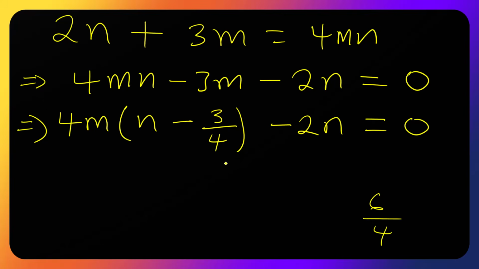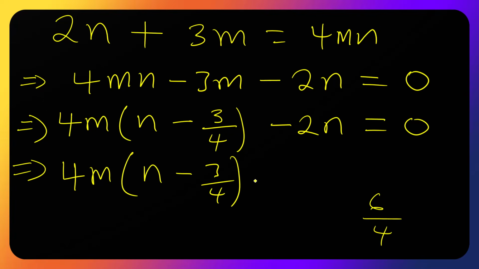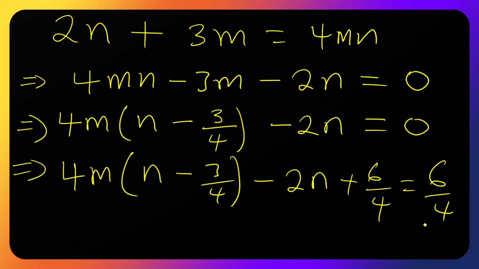Now we have 4mn minus 3 on 4 minus 2n. I'll add this one to both sides. That will be plus 6 on 4, 6 on 4.